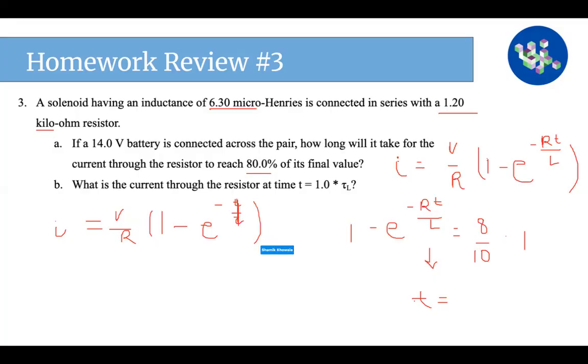And you can plug in V, you can plug in R, and you can get the answer for the current. Any questions about question 3? All right, if not, we can move on to the actual concepts for today.